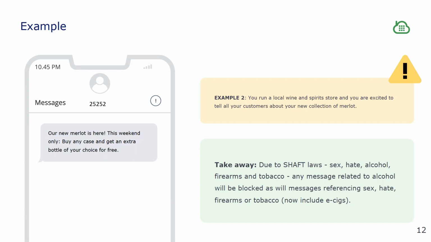So the CTIA, to protect the customers and end users from these kind of messages being read by unintended people, wants you to make sure that you don't put any of this SHAFT content in the messages. Your message might not get blocked the first attempt, but when there is an audit, like the carriers can audit it, the network operators can audit it, or sometimes even the end users might raise complaints, your shortcode will get discontinued and it will get blocked.